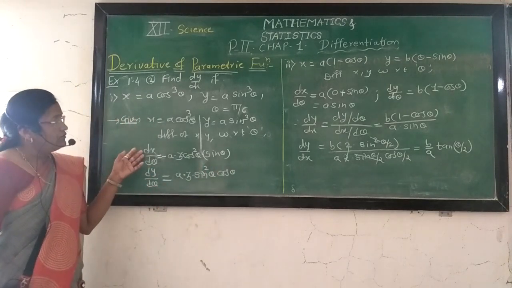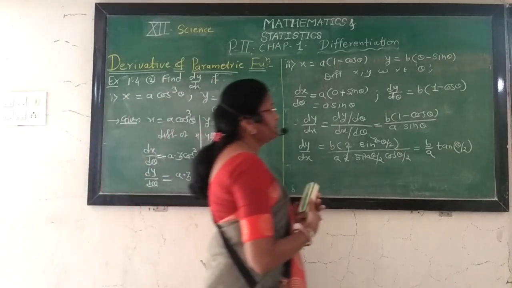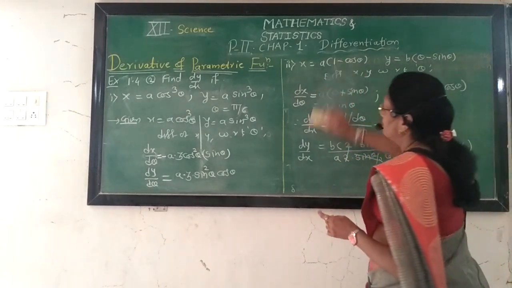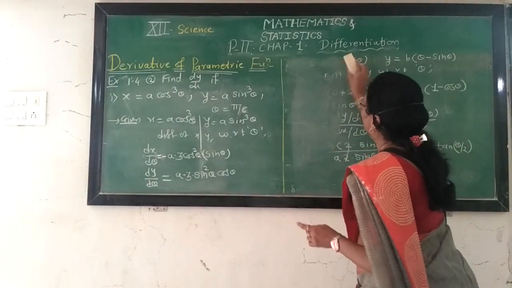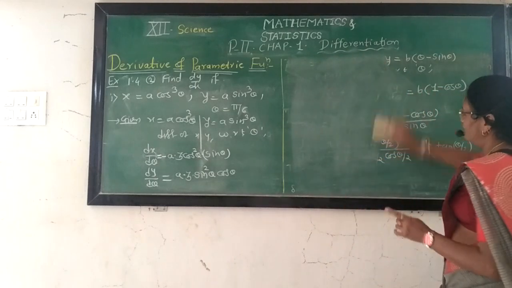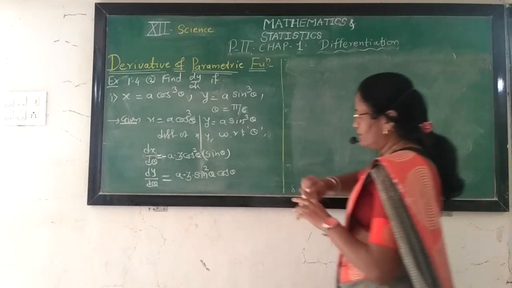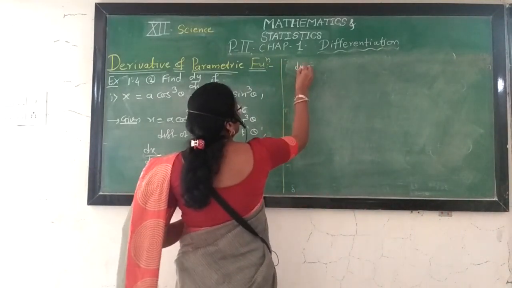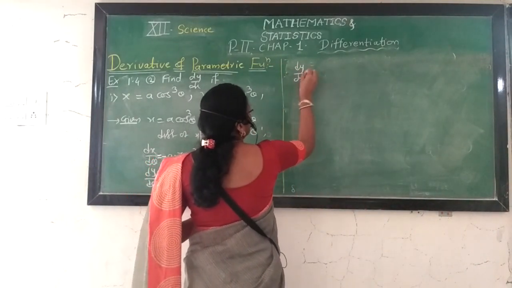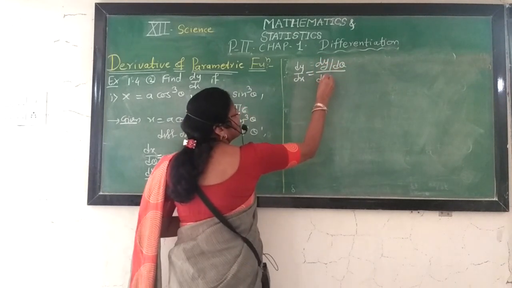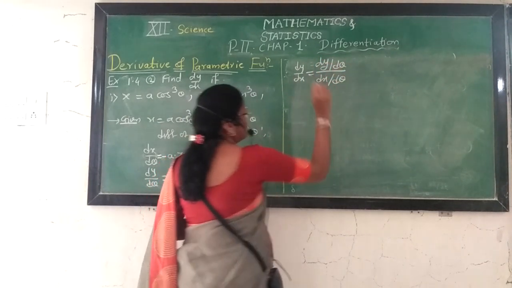Now to find the value of dy by dx at the given parameter, theta is equal to pi by 6. By using the definition of a parametric function, dy by dx is equal to dy by d theta upon dx by d theta.